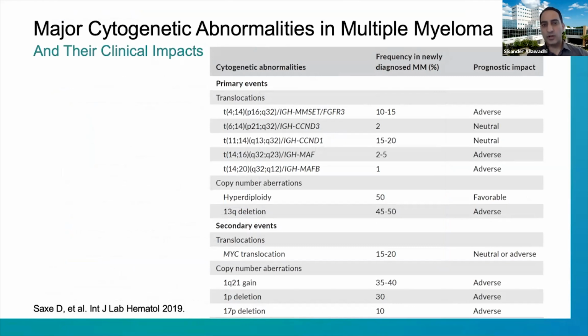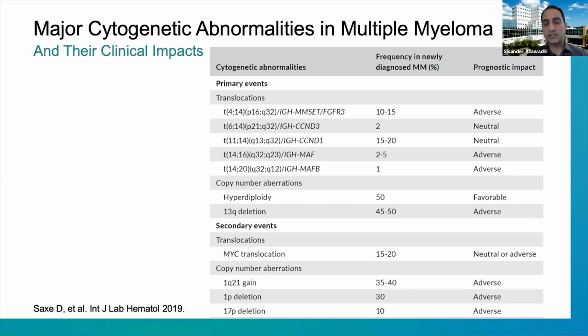So I wanted to point out this is a very good article which talks about the incidence or frequency of these abnormalities in patients who are newly diagnosed with myeloma. And to the best of our knowledge right now, what is the clinical implication? What is the adverse risk factor? What is favorable, or what is neutral?